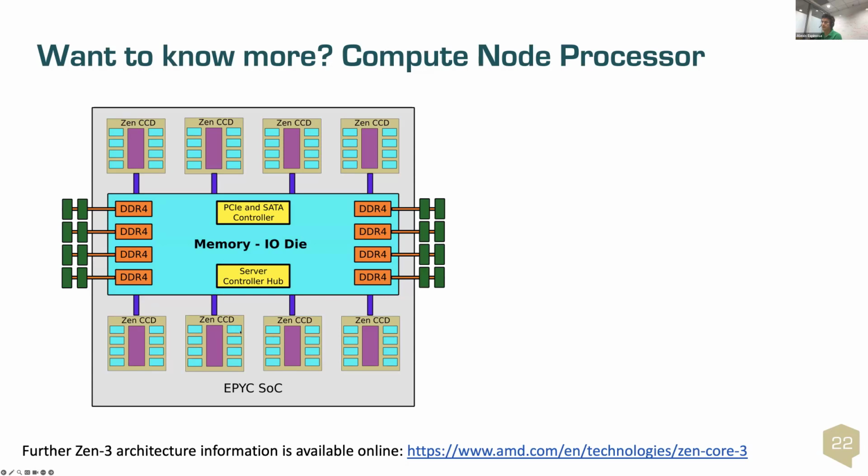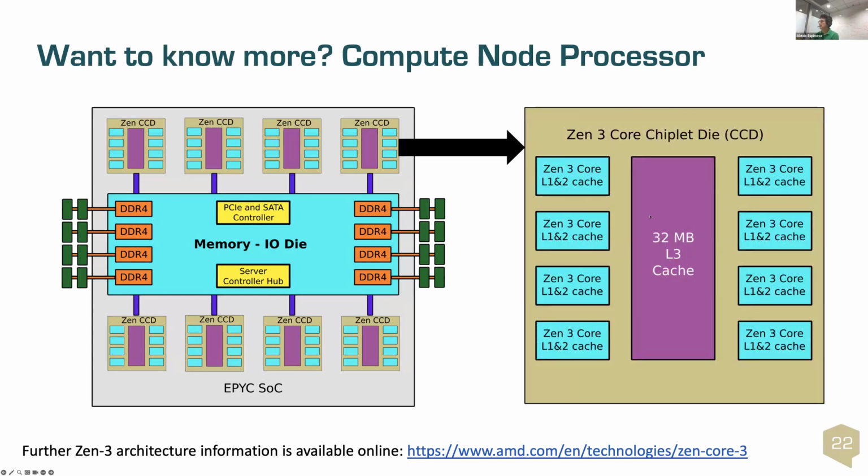All these blue squares are the 64 cores of the chip, and all of them have access to a piece of the memory in the node, basically half of the memory in the node. So here's what I was saying. This purple square is the cache of the chiplet, and each of these cores share the L3 cache, while each of the cores has its own L1 and L2 cache.